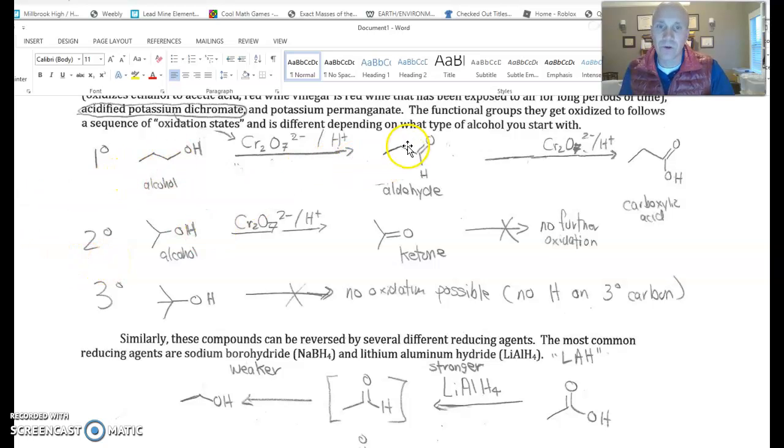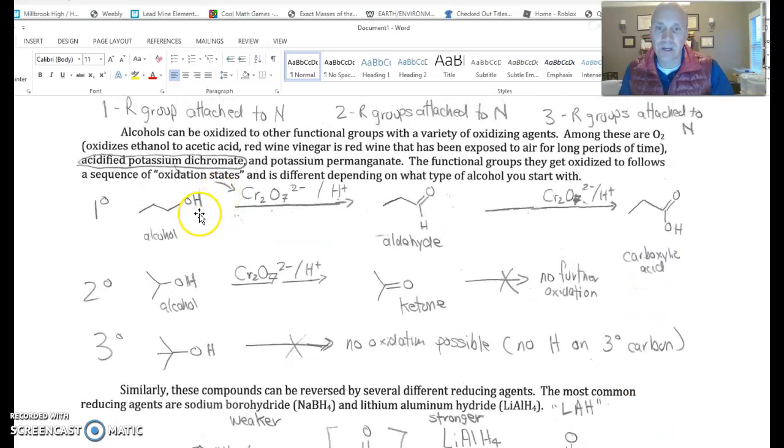In this next column, you've got a carbon double bond oxygen, and it's different depending on whether it's from a primary alcohol or a secondary alcohol. One further step from this column would be the carboxylic acid oxidation state. Notice you're always going towards the right, to a higher oxidation state.